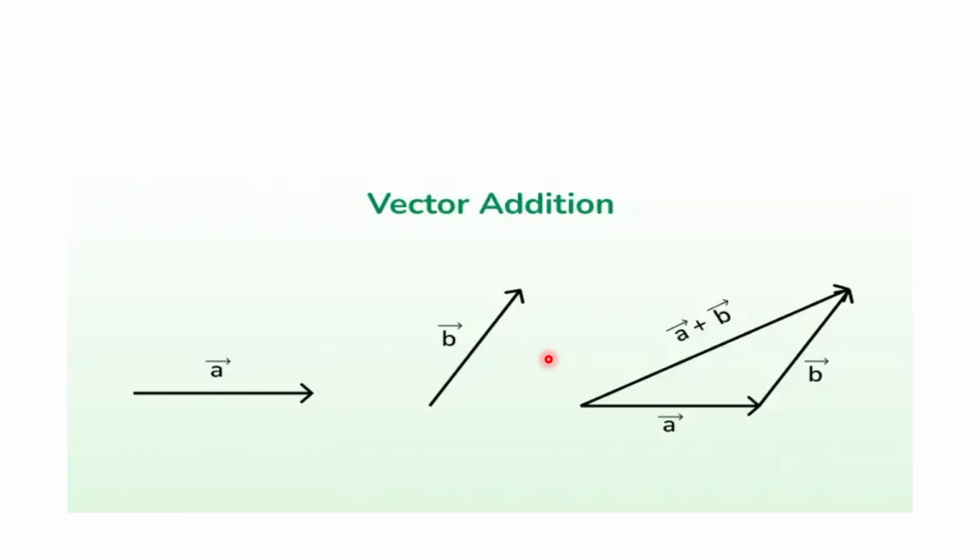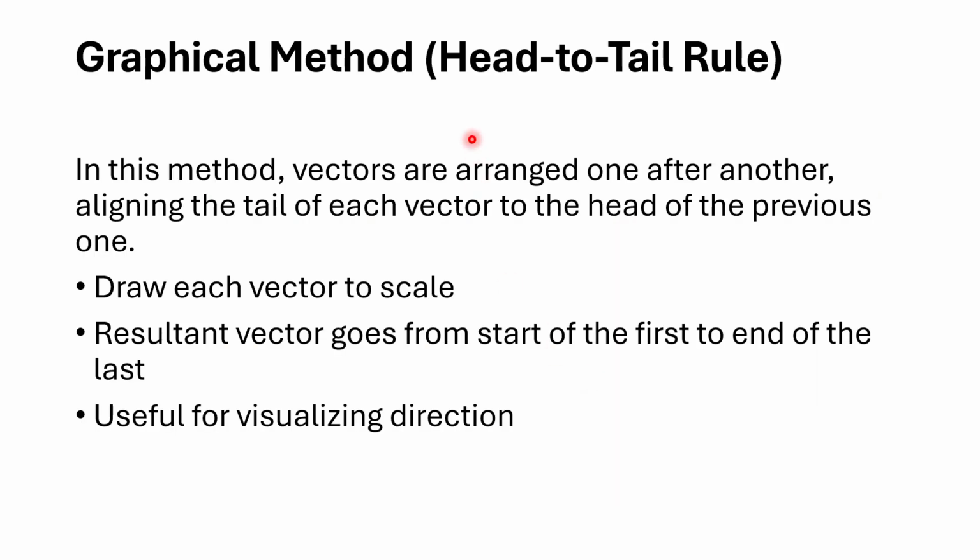We will study different ways to make this addition. We have the graphical method, the head to tail rule. In this method, vectors are arranged one after another, aligning the tail of each vector to the head of the previous one, as we have seen in the previous example of the addition of vectors.